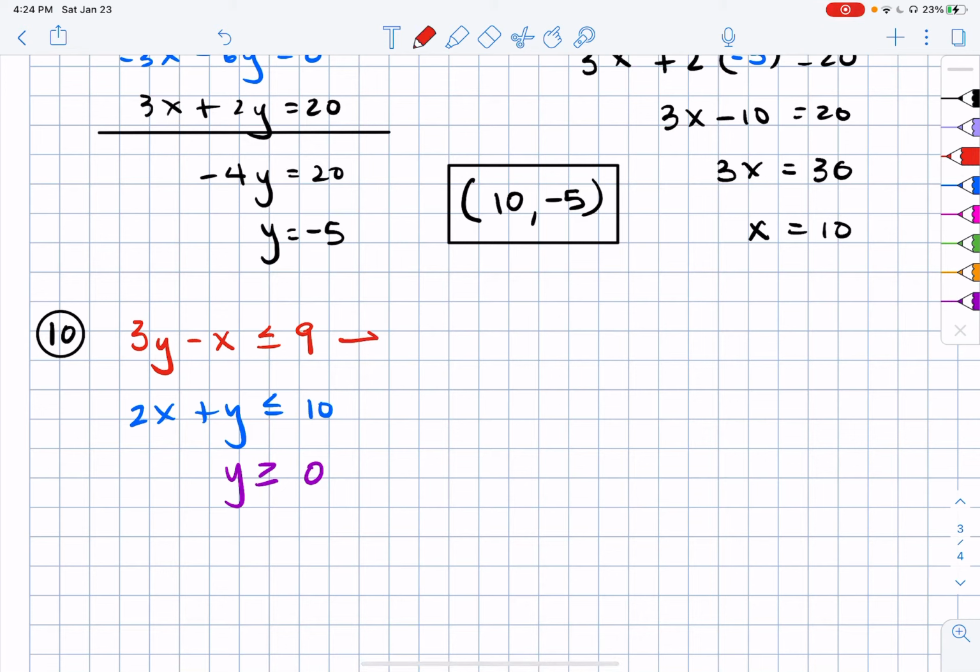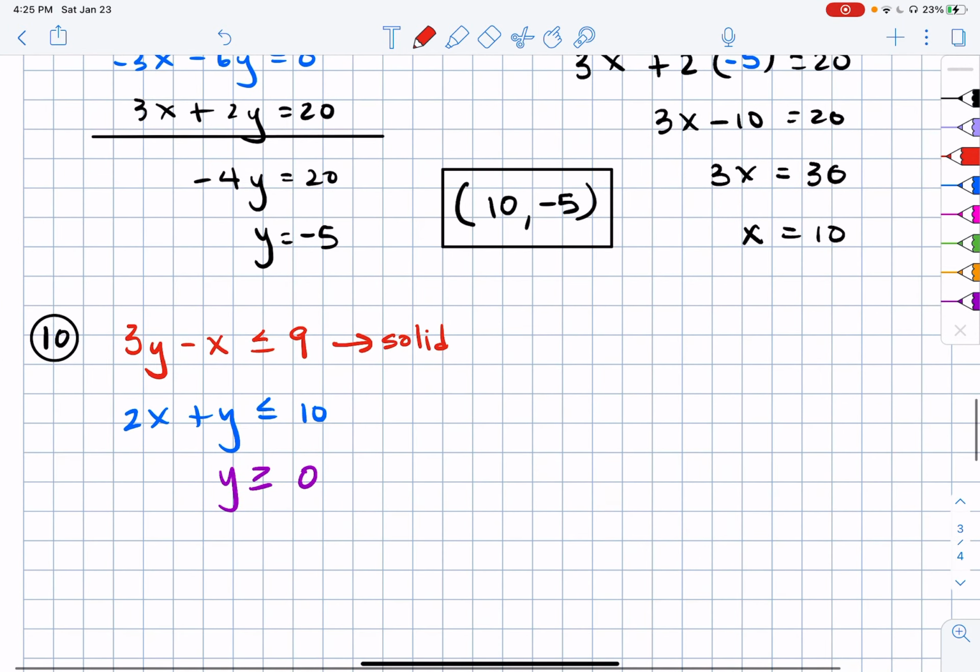So this one right here tells me that I have a solid line, right? I just erased it because I wanted to do this. There we go.